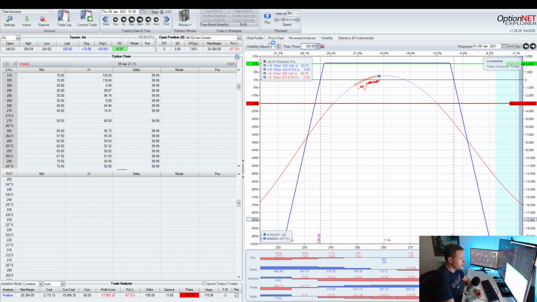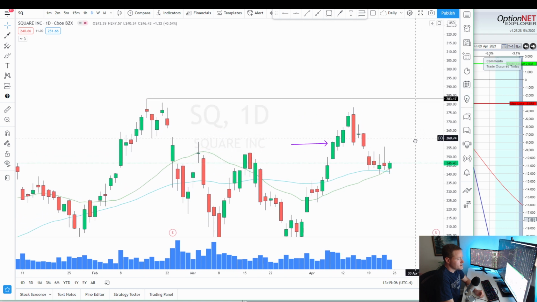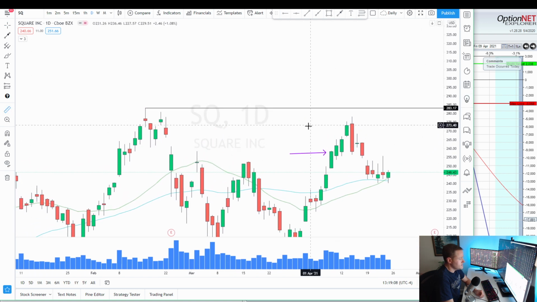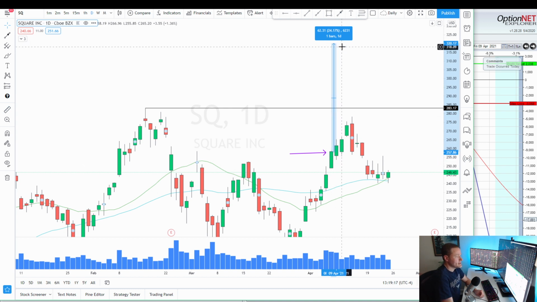Okay, so just to put that into perspective, let's keep going. If we go to 320, now we're getting closer to almost a 100% loss overnight. And that would just be an incredibly outsized move, right? If we measure that out in percentage, from where we put the trade on to 320, that's a 24% move. So a 24% gap overnight.